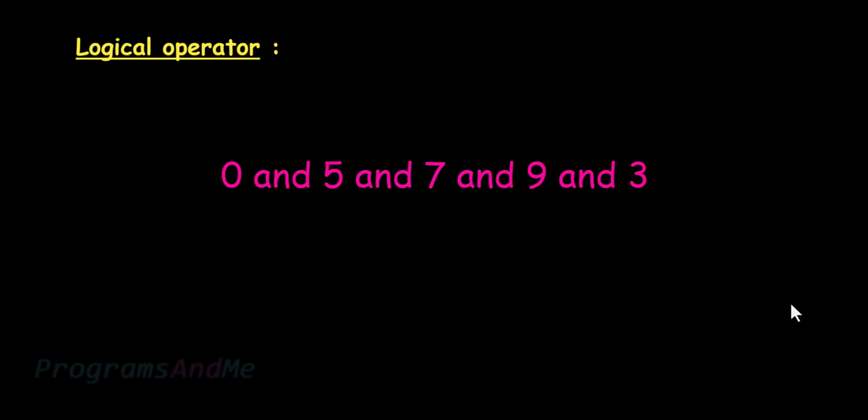If you have many operands like this and the first operand is false, then no need to check the other operands because we know the actual result. If any one of the operands is false, the whole expression is evaluated as false and it will return operand 1.